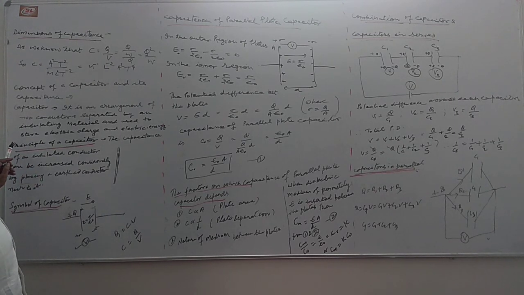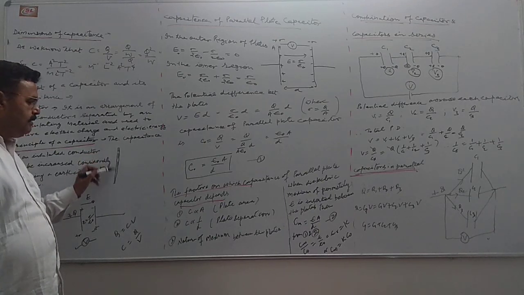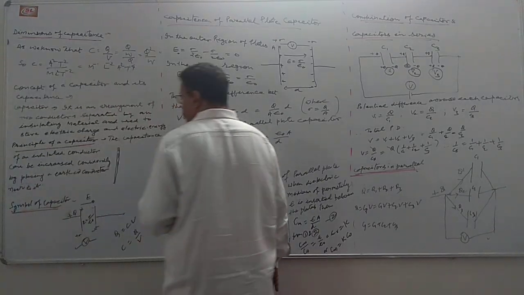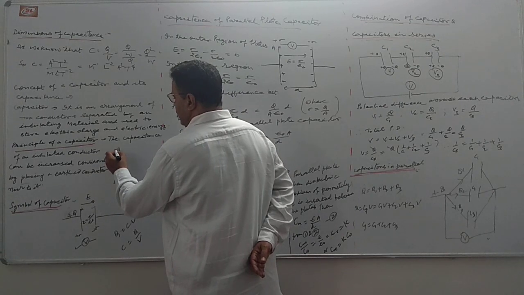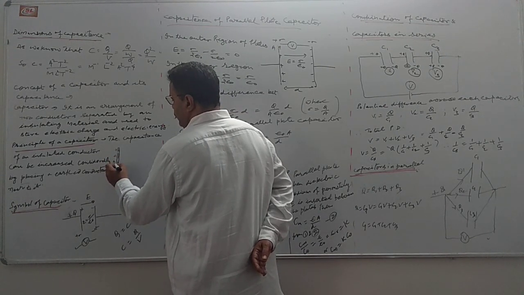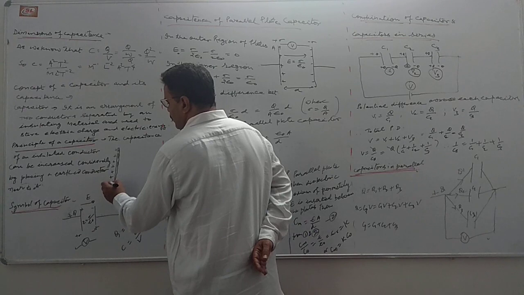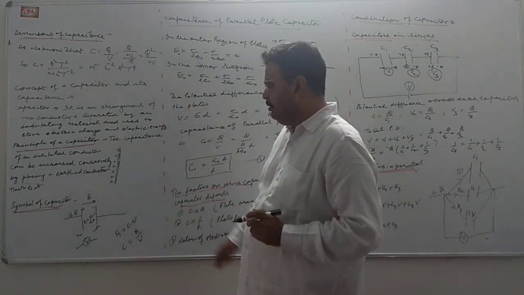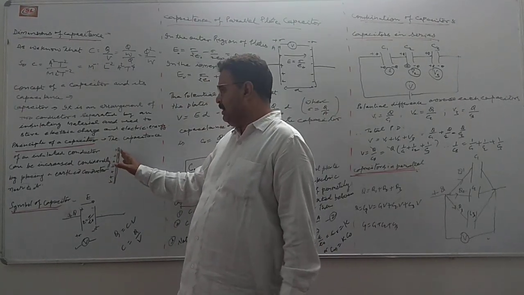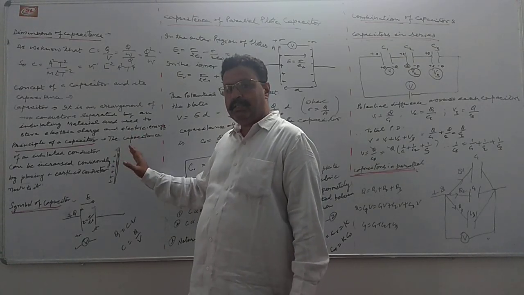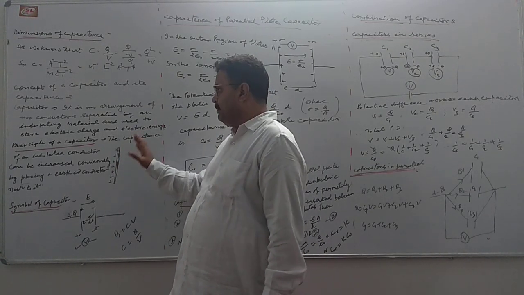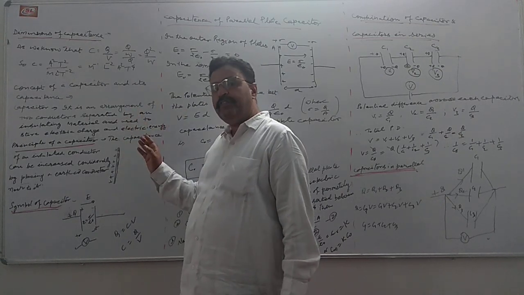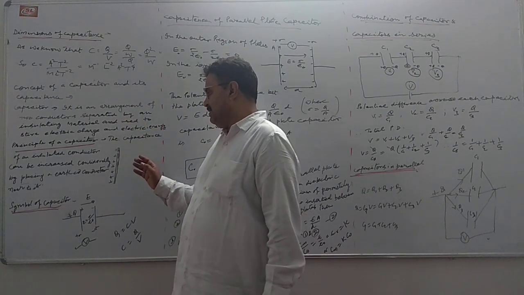Continuing, we see what the principle of a capacitor is. To understand it, let us consider a conductor, and if we put some charge on this conductor, then you will find that the potential of this conductor increases. This is as per the concept of electrical capacitance.